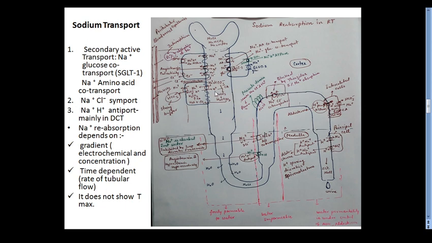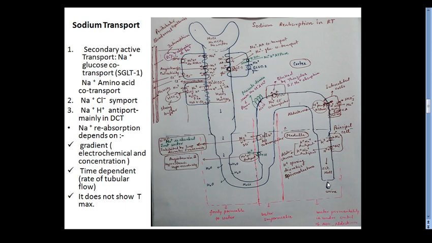If the rate of flow of filtrate through the renal tubule is very high, there is less contact time for reabsorption of sodium ions with the receptors, so it passes to the next part of the renal tubule. When sodium is retained in the renal tubule, there is more loss of water.